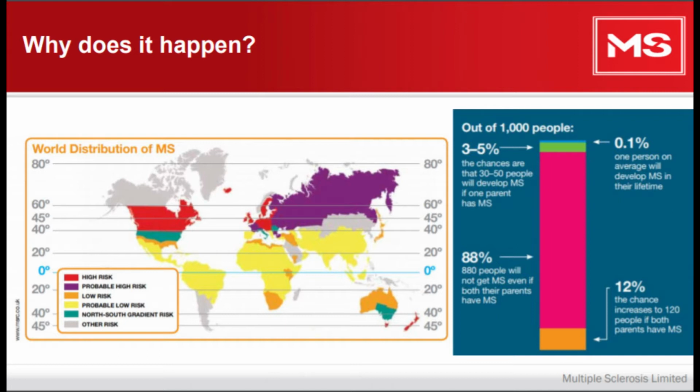So what might they be? We don't have all the answers. Some of it, as you can see, is where you were born. Some of it is about what infections you might have had that might trigger the condition. So we know that EBV, or glandular fever, has a part to play, but most of us have got EBV, most of us have had glandular fever.